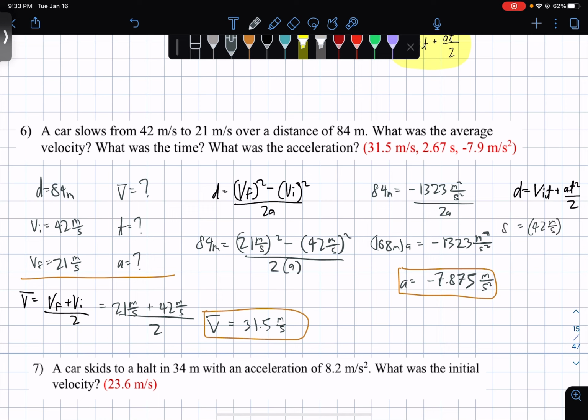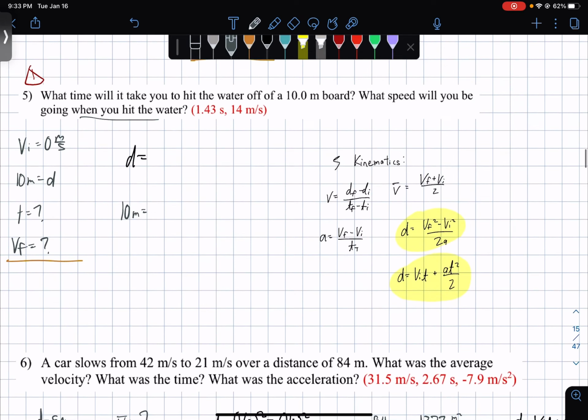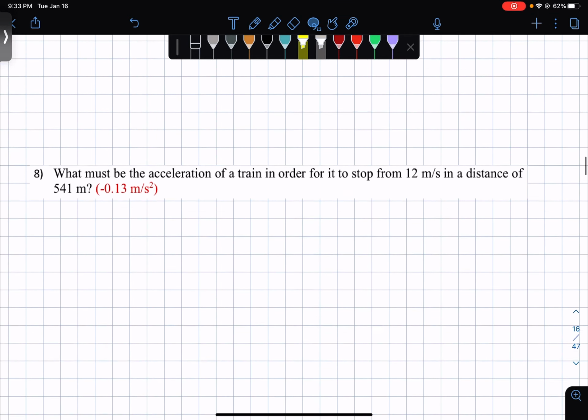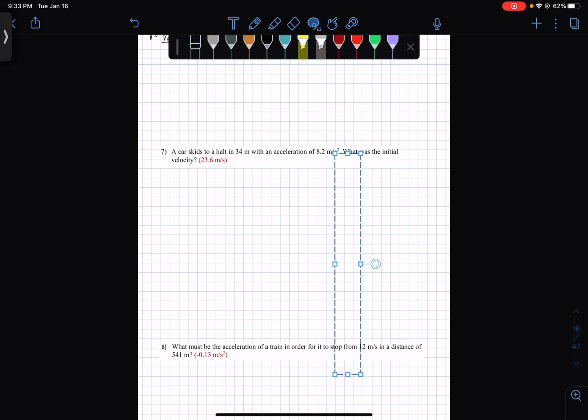Distance is equal to 84 meters. We don't really have much space. This is so insulting. We have to adjust.